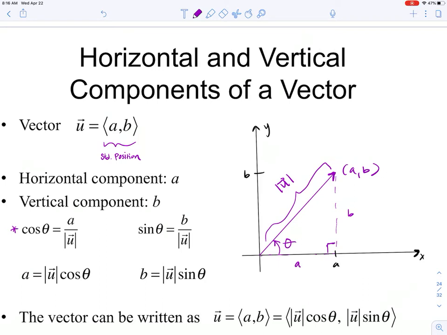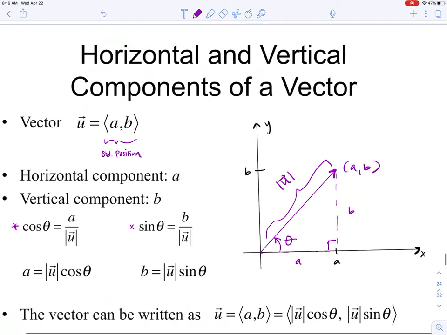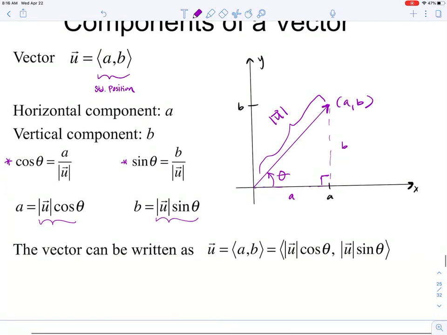So cosine of theta, we can state these different relationships. So cosine of theta is equal to a over the magnitude of u, and sine of theta is equal to b over the magnitude of u. Well, if we solve for a and b there, a ends up being equal to the magnitude of u times cosine theta, and b ends up being equal to the magnitude of u times sine theta.